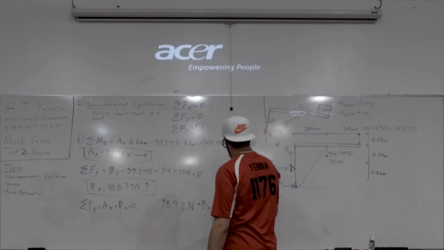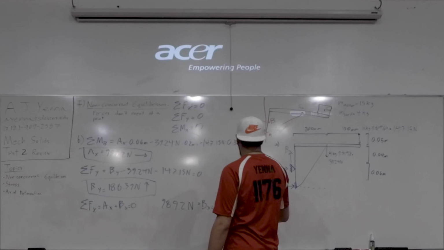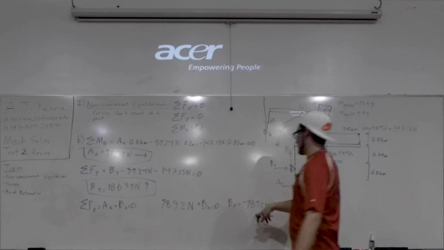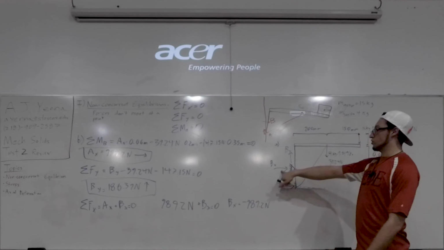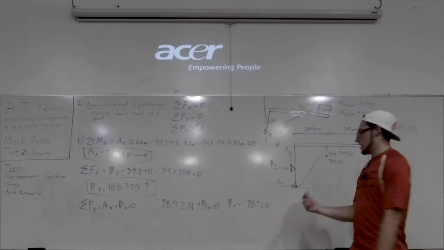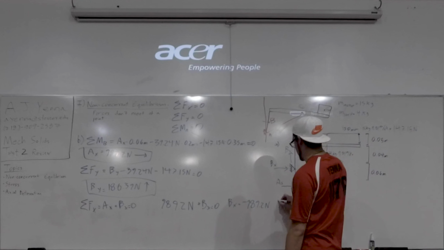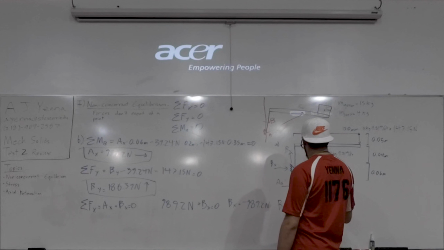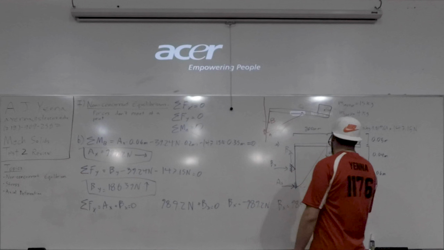So we get Bx equals negative 989.2 newtons. Now with this negative, since I assumed it to be to the right and it's the negative value of that, when I boxed my answer, I just put Bx equals 989.2 newtons to the left.